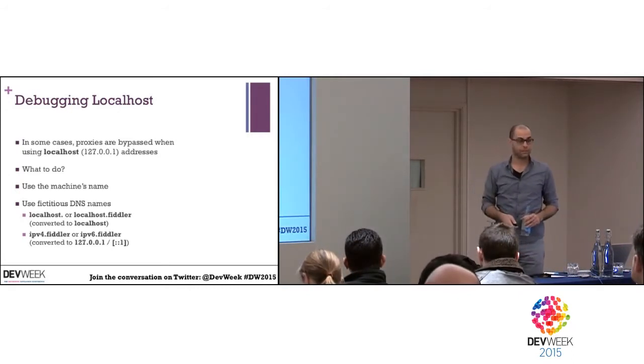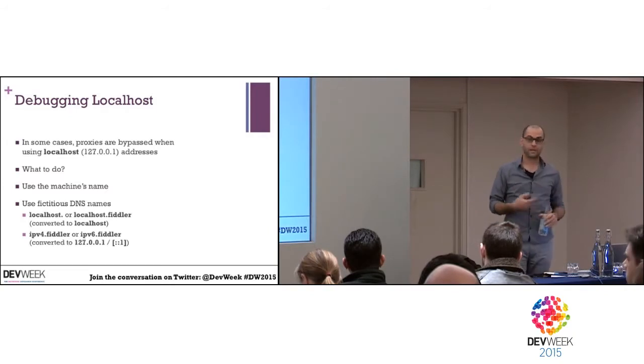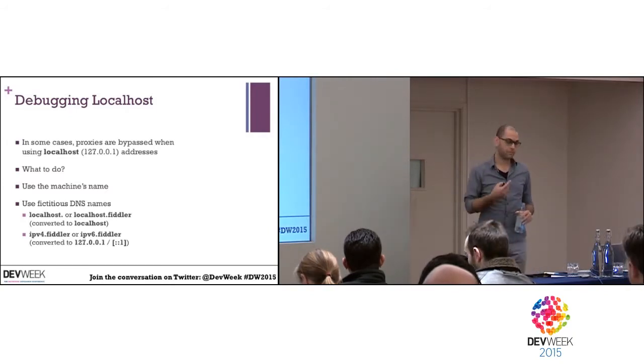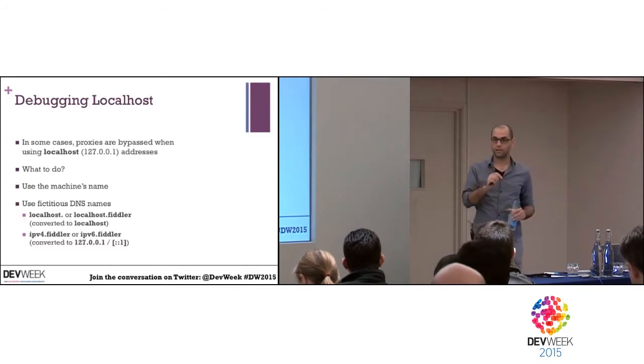But sometimes, for example, if you use .NET and you call into a localhost address, you won't see it in Fiddler. That's because .NET is a sneaky little guy. What they do is they actually check the address you're trying to call, and they try to check if it's localhost or not. And if it's localhost, they bypass the proxy configuration.